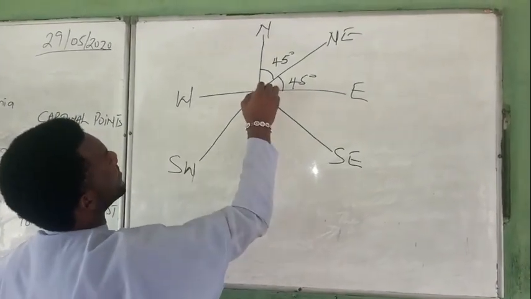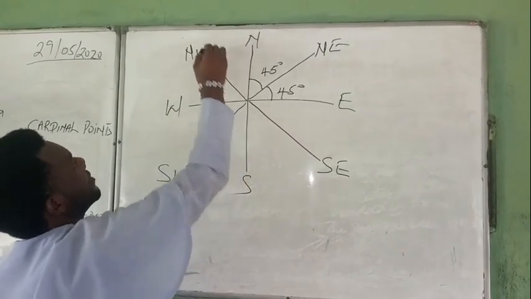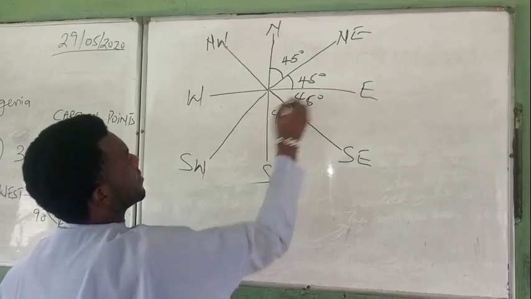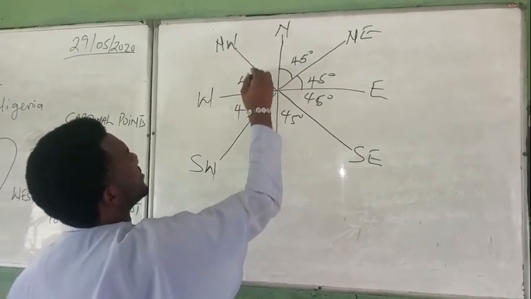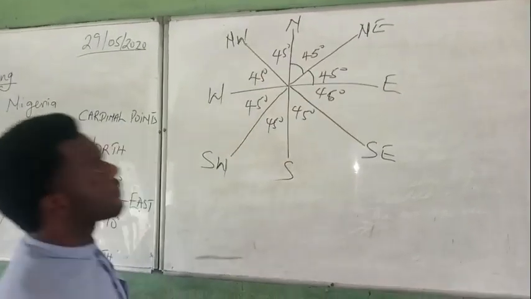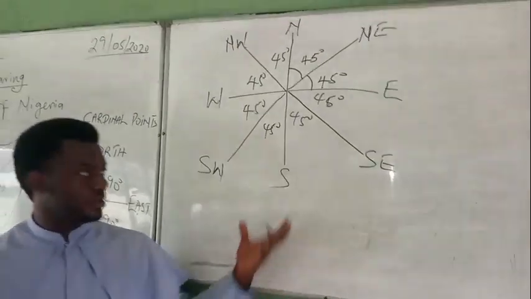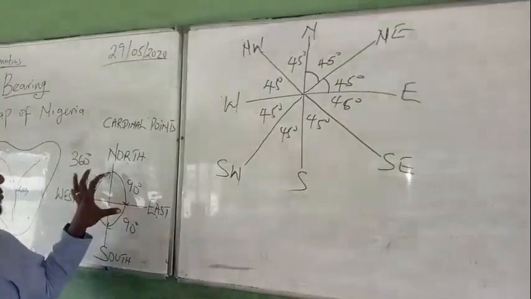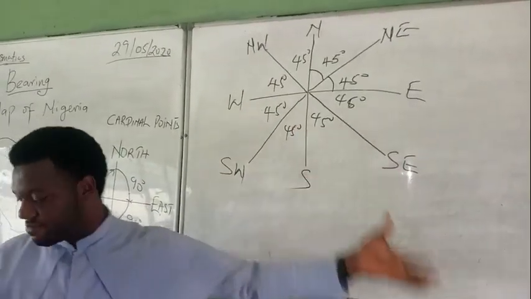In between the north and the west, we have the northwest. Each is 45 degrees, and when you calculate them together, it amounts to 360 degrees. So this is about the 4 main cardinal points and then the minor cardinal points in bearing.